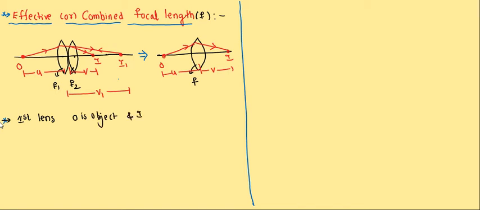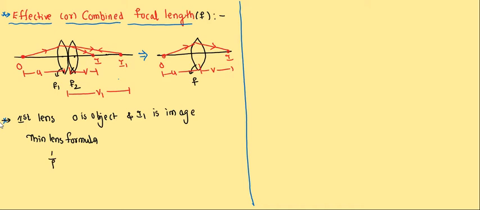The object distance is u, and the image distance is v1. Then we write the thin lens formula. What is the thin lens formula? 1 by f is equal to 1 by v minus 1 by u. That we can apply for the first lens.